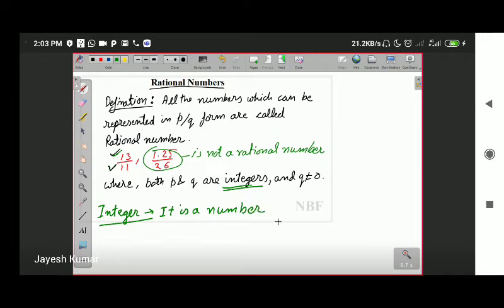Integer is a number without any fraction part.